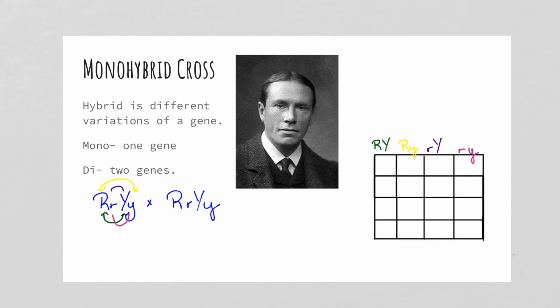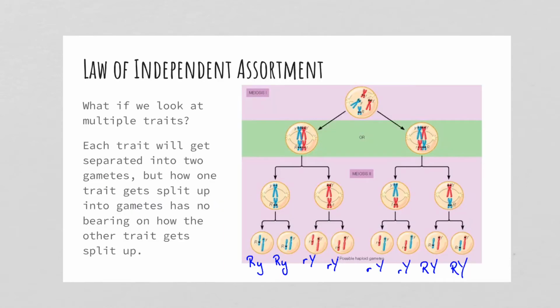I want to point out those combinations I got, big R, big Y, little r, big Y, and big R, little y. Actually, I think I screwed up here, that should be a lowercase. Let me fix that.